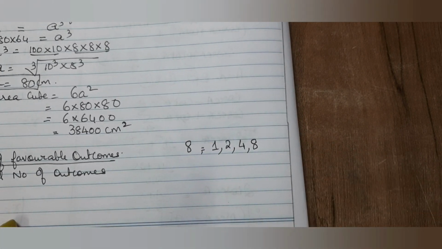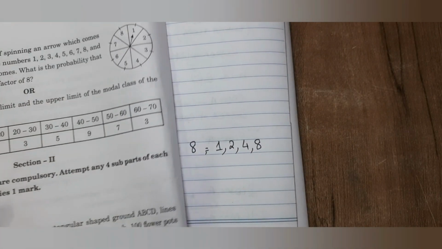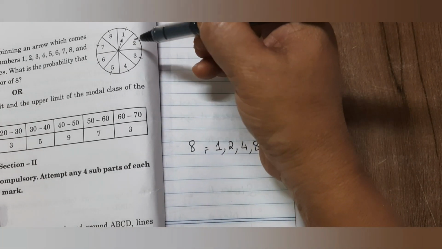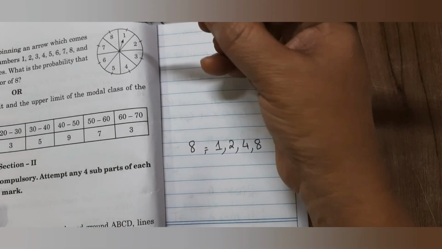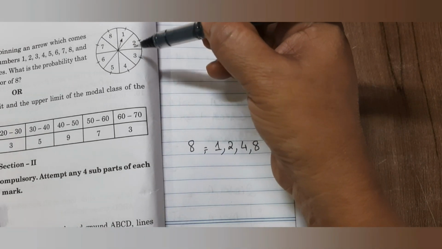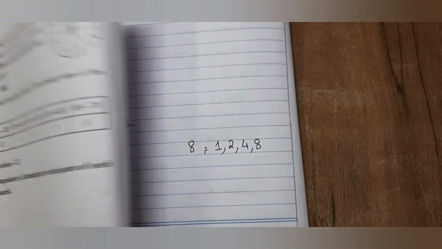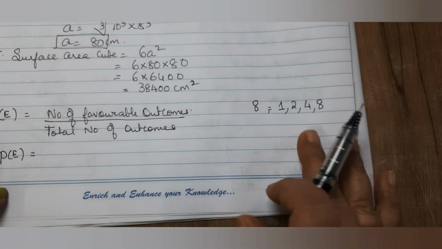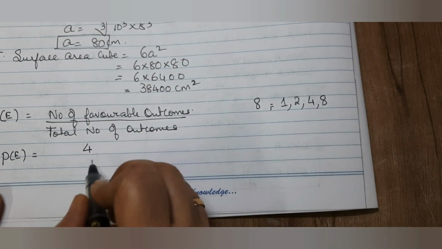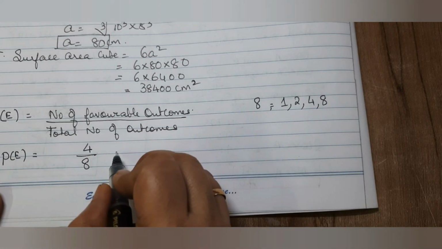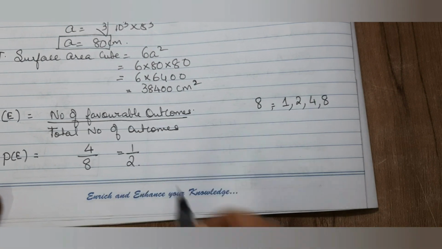How many are there? 1, 2, 3 and 4. So the factors of 8 are 1, 2, 4 and 8. So the number of favorable outcomes is 4 and total outcomes are 8. So we get 1 by 2.